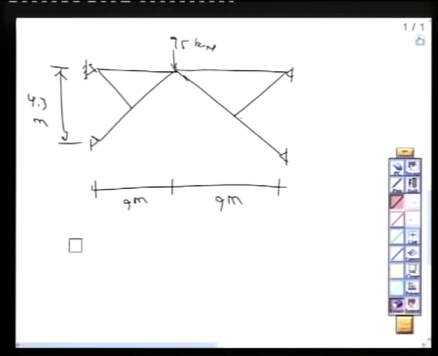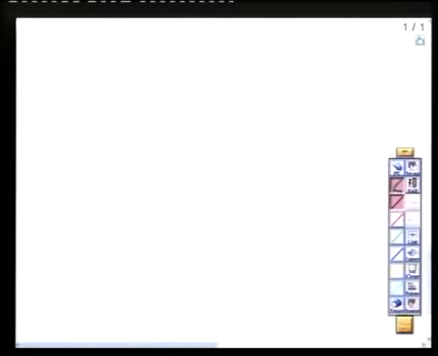Let me draw the section for you. This, all of it, IPE 200. So I will do it like this. Let me have space.